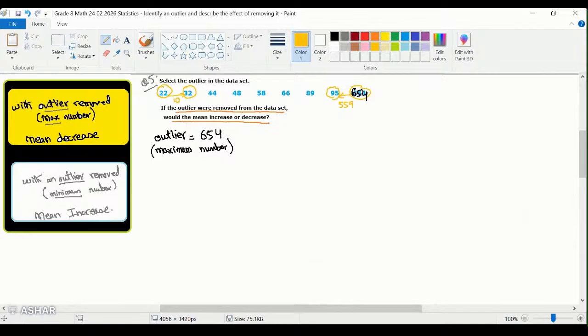If the outlier is a maximum number, the impact of this on the mean would be that the mean will decrease, right? Do we agree on this? Because we have done the proof that the mean will decrease. I'll still do the proof for this question.